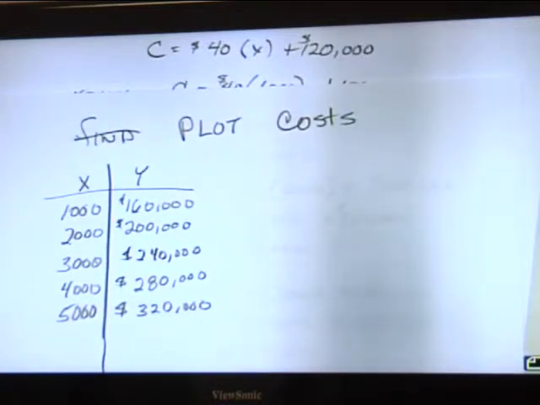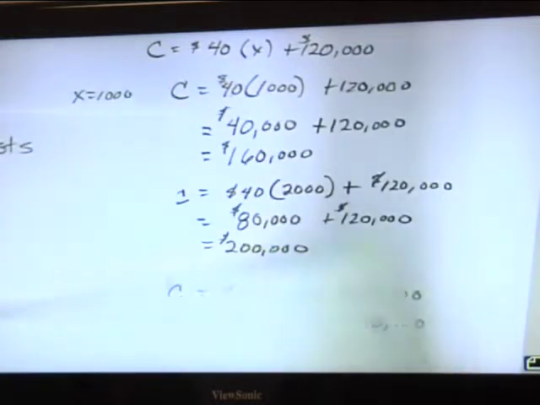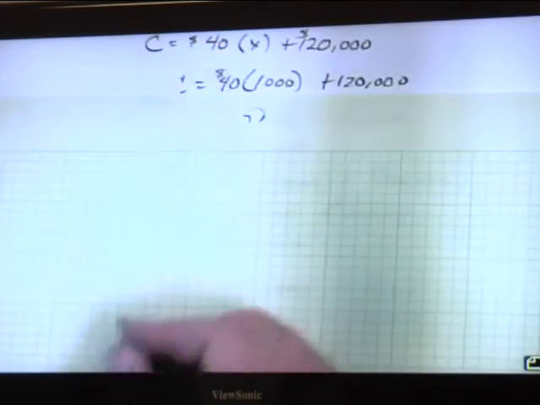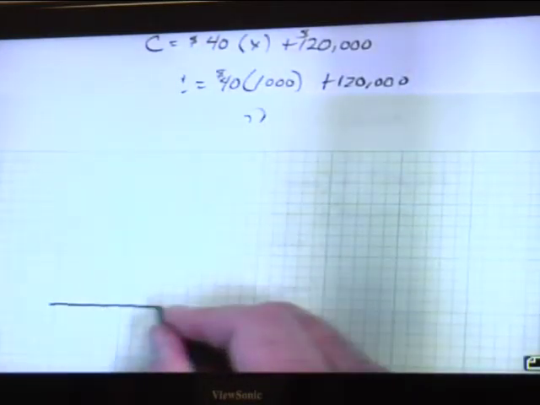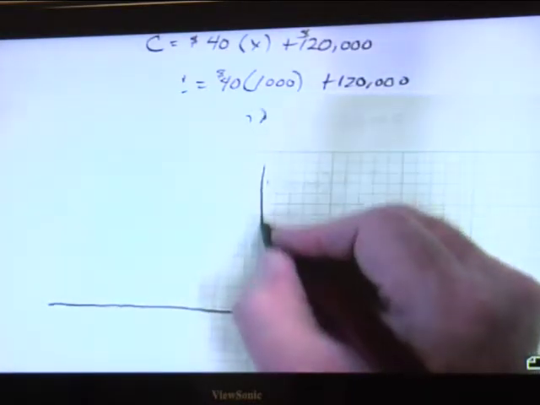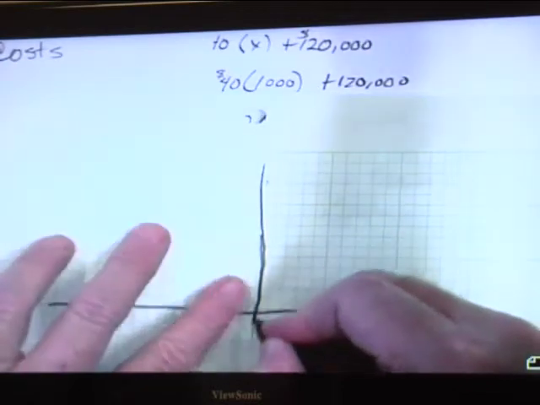Now, we can plot using different scales on our X and Y axis. And that's how I would plot this.